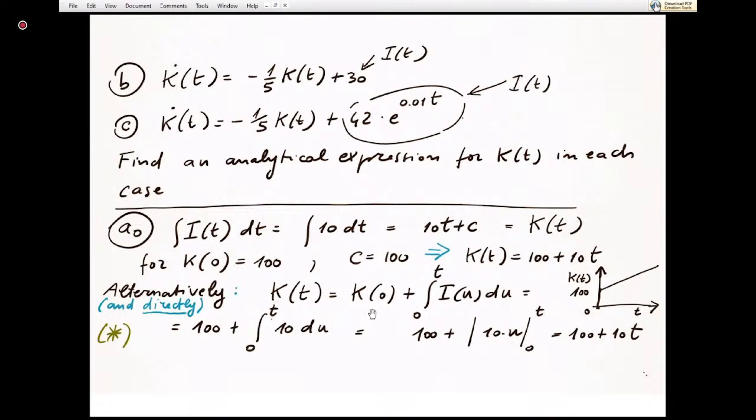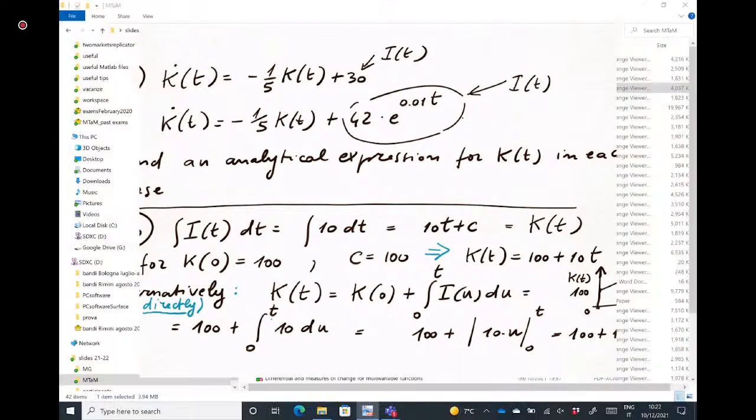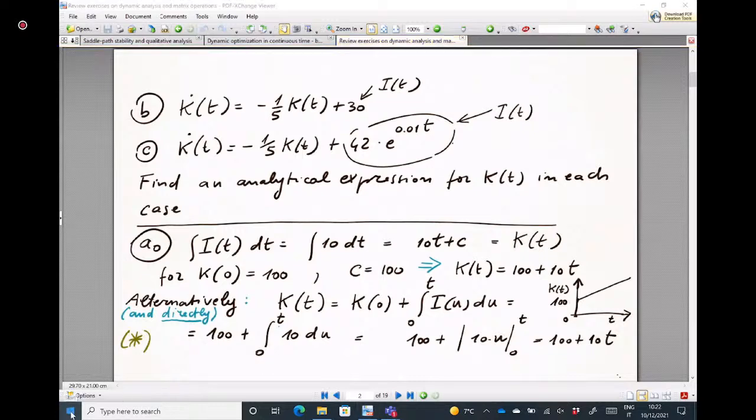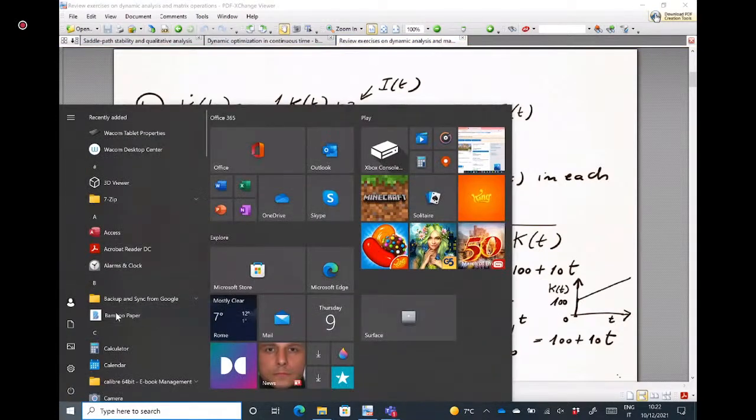K at time t is the initial K, K0, plus the integral between 0 and t of I(u) du. Why is that? The reason why we can write this in this way is that it is just the statement of the fundamental theorem of calculus, okay?